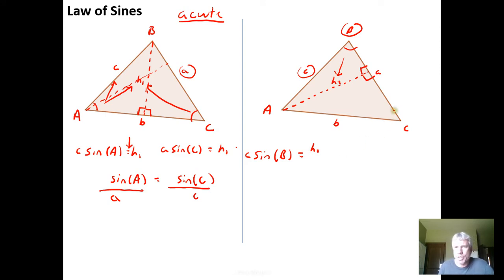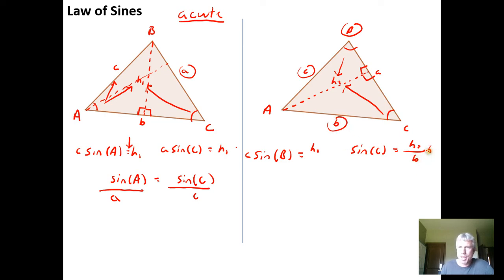And then we step over to angle C and play the same game. We go sine of C is equal to the side opposite, which is height 2, over the hypotenuse of this right triangle right here, which is length b.